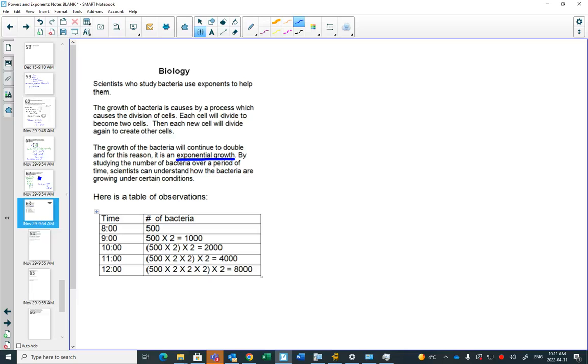And so what's happening is every new number is just the previous number times 2. Do you see how the exponent is starting to come? Because instead of writing 1,000 times 2, you could say it was 500 times 2. And then this one is 500 times 2 times 2 again. And we start to have an exponent.